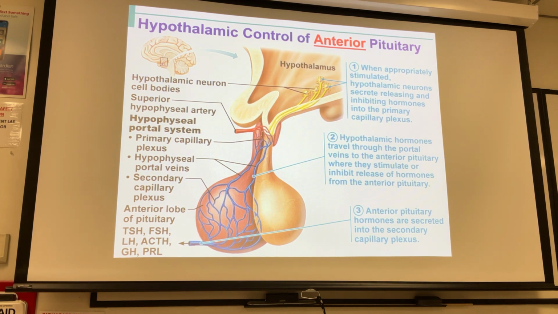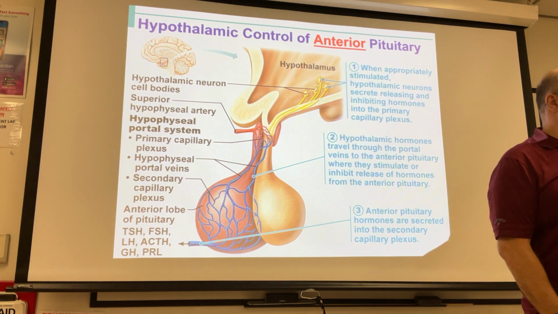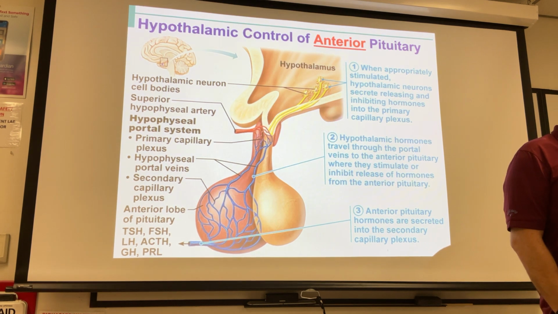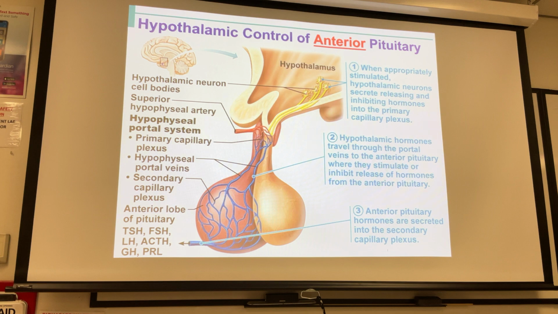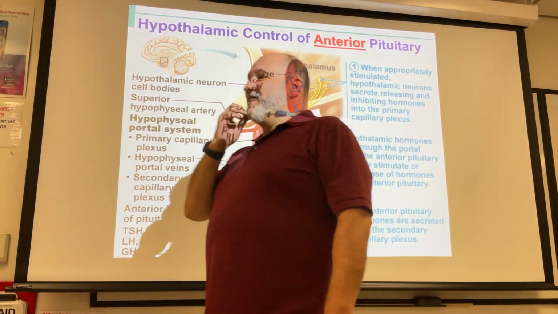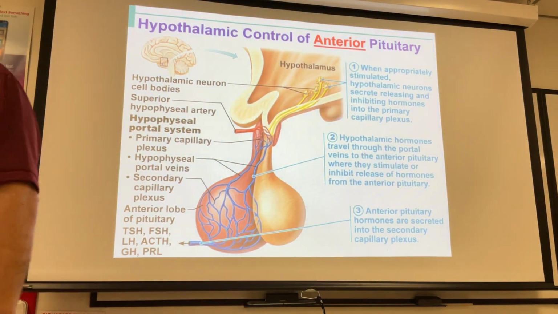So you can just put a big fat X through the regulation of that one, because we could spend a whole semester talking about how you control the hypothalamus. So we're not going to worry about how it's regulated because it's the top of the ladder, right? And when you're at the top of the ladder, you're not just taking one input to make your decision. You're bringing in all the inputs and making all the complicated decisions, and that's far more than we need to worry about, right? That's above our pay grade, so we'll just put a big fat X through that. All right?